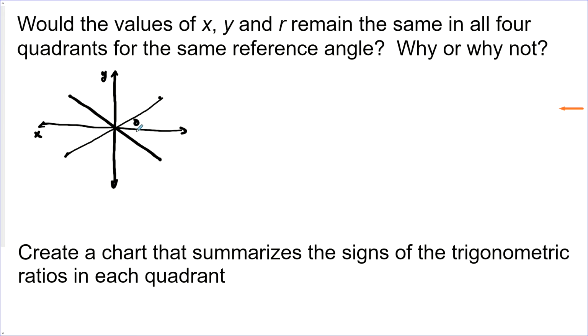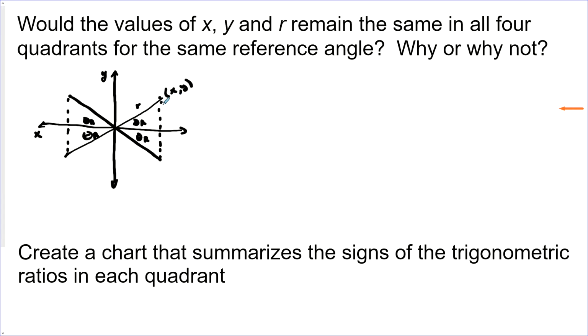So each one of these is theta r, and we're saying, are the values of x, y, and r going to be the same? Well, r is the measure of the hypotenuse of our triangle, so r would not change at all. But these points here would change.